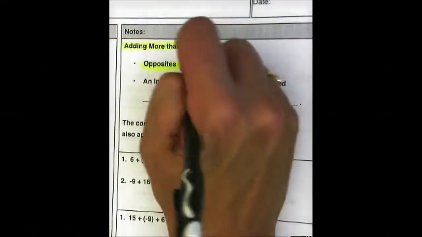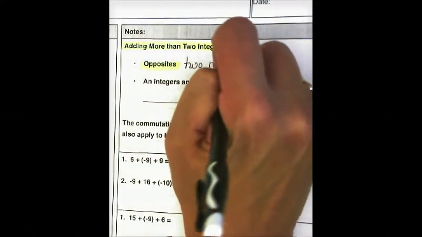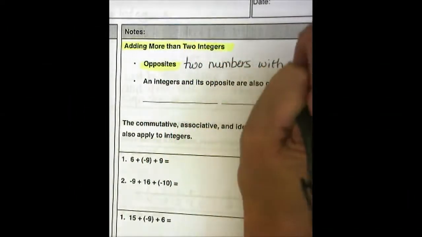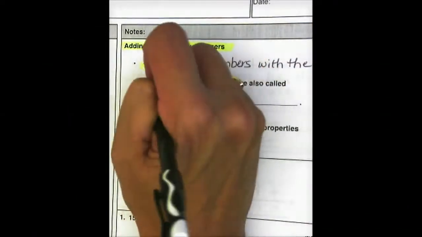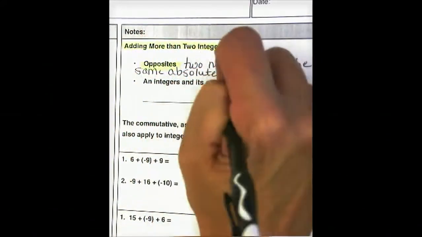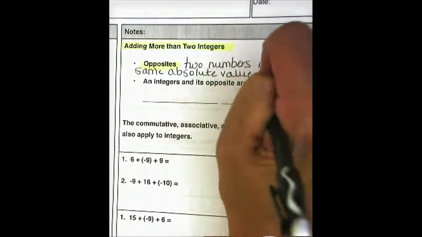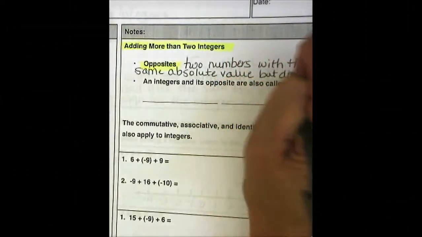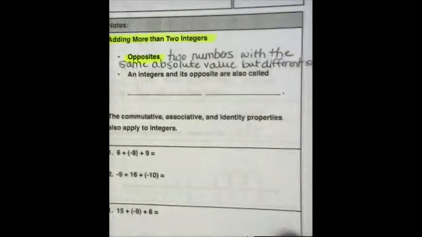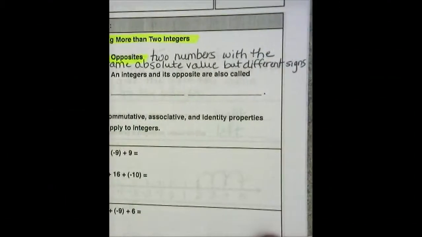Opposites just mean that they are two numbers with the same absolute value, but different signs.